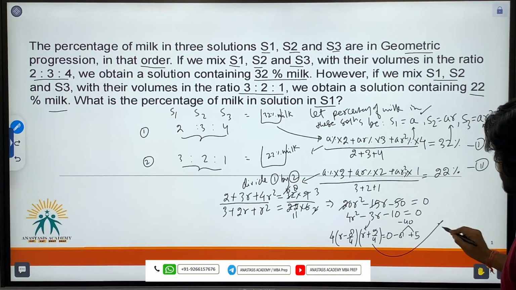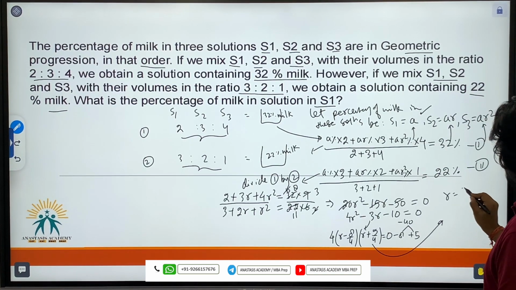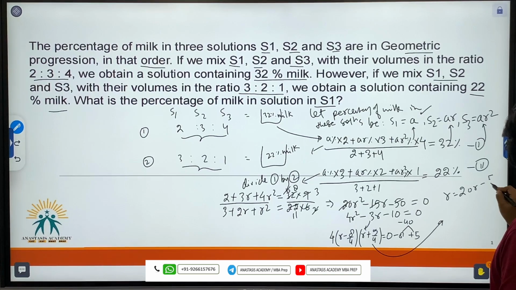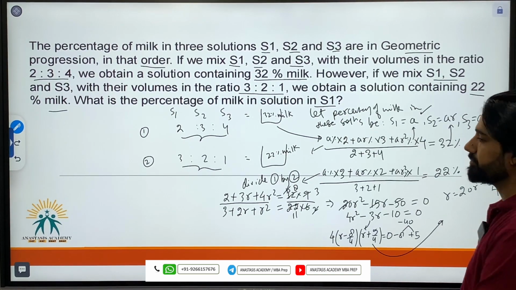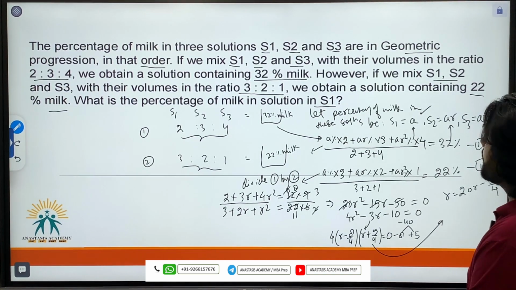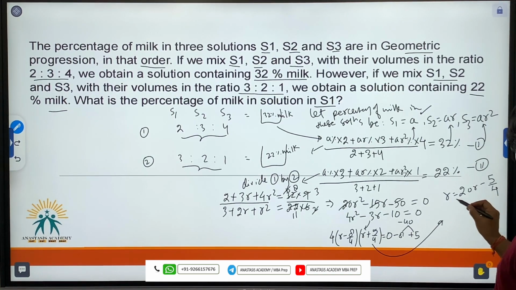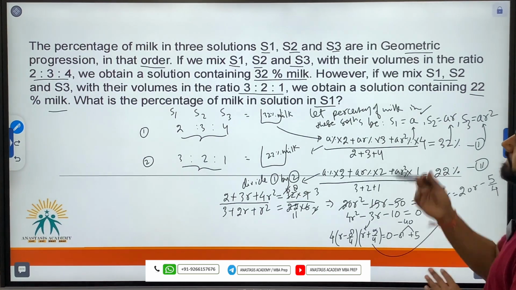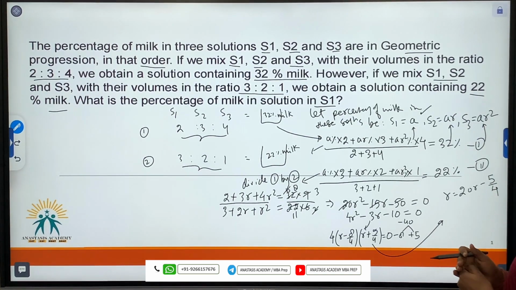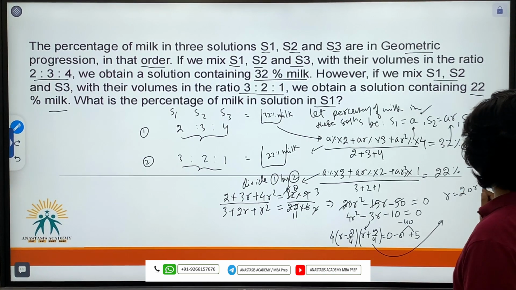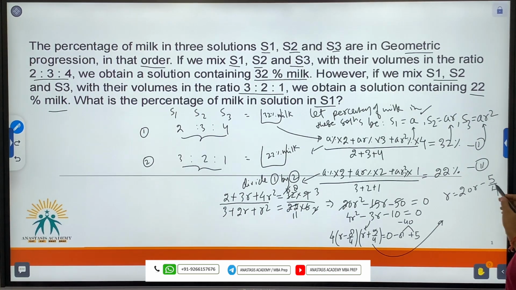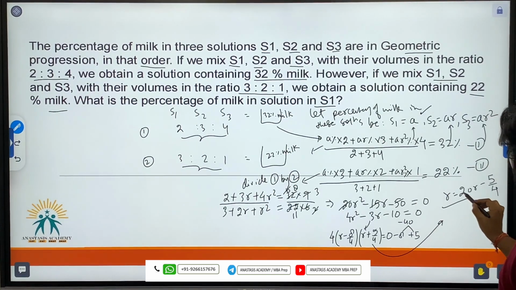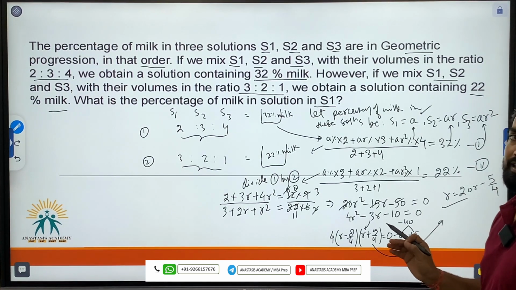And from here I get the value of r as 2 or minus 5 by 4, right? So I'm getting two values for the common ratio. One is 2 and one is minus 5 by 4.